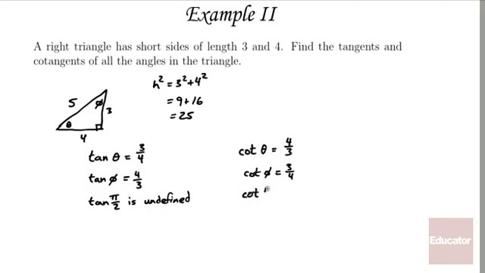And the cotangent of pi over 2, which is the cosine over the sine, so that's 0 over 1, is just 0. So the secret to working out tangents and cotangents of angles in right triangles is just to remember the SOHCAHTOA formula. In particular, the TOA part says tangent equals opposite over adjacent, so that quickly helps you figure out the tangents of angles in right triangles.